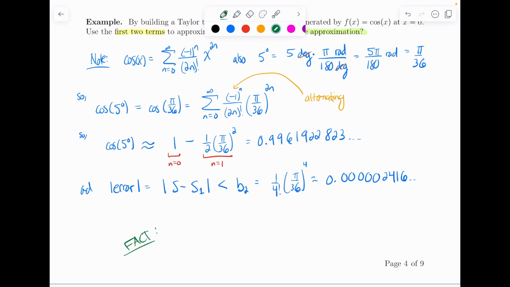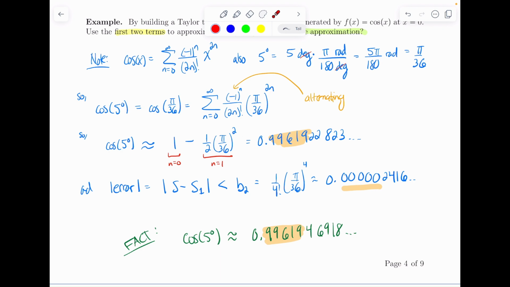You take your calculator, compute cosine 5 degrees directly, and we know that cosine 5 degrees is about 0.9961946918, etc. And we can observe that, yes, indeed, up to the first 5 decimal places, 1, 2, 3, 4, 5, 1, 2, 3, 4, 5, indeed, the two-term Taylor approximation is accurate to the actual answer up to the 5 decimal places prescribed by the alternating series error estimation.